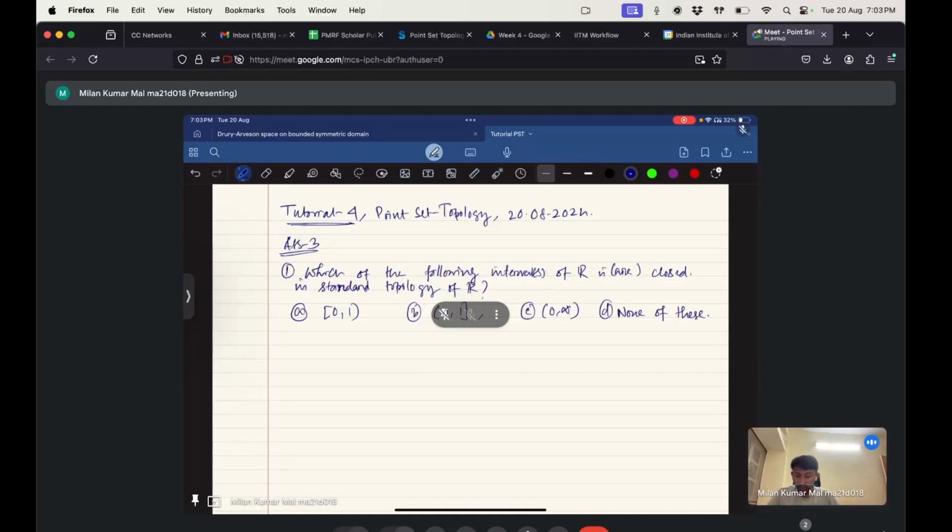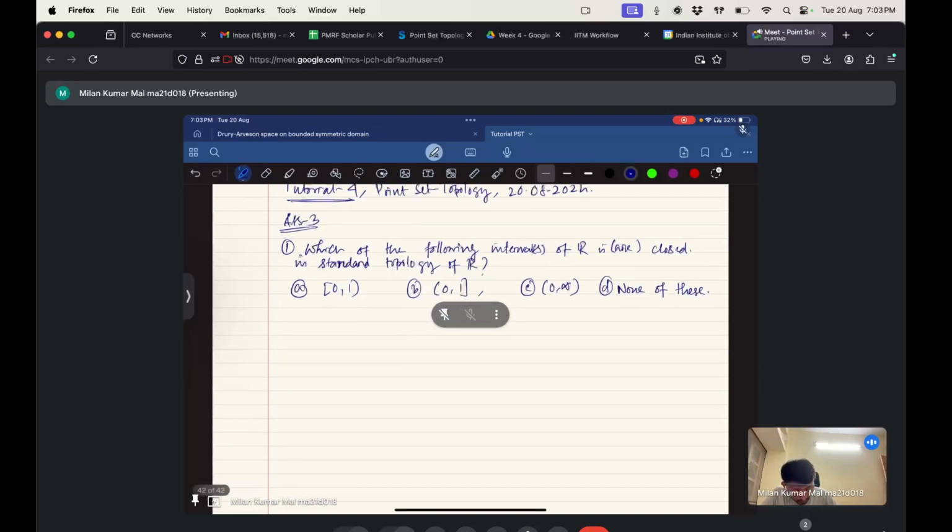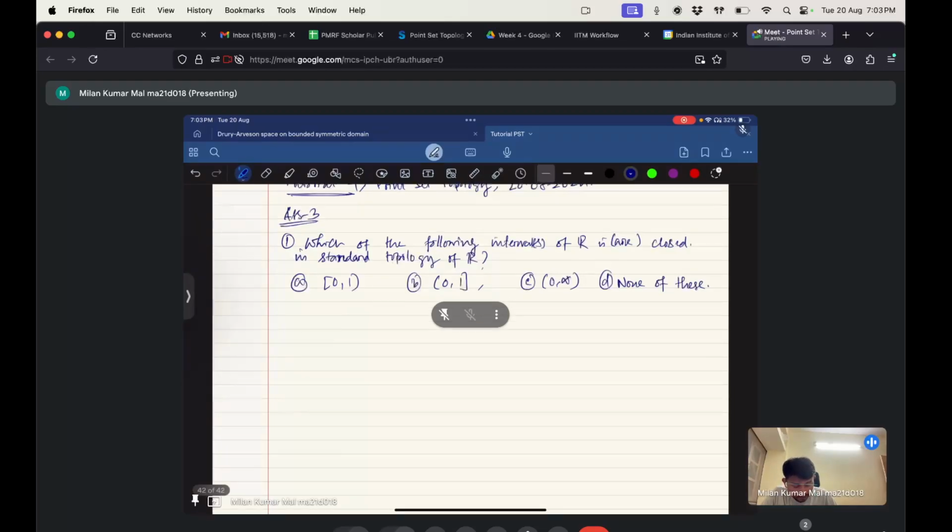Okay, so here, first recall the definition of a closed set. Let (X, tau X) be a topological space, and A is a subset of X. Then A is said to be closed if X minus A is open in (X, tau X).